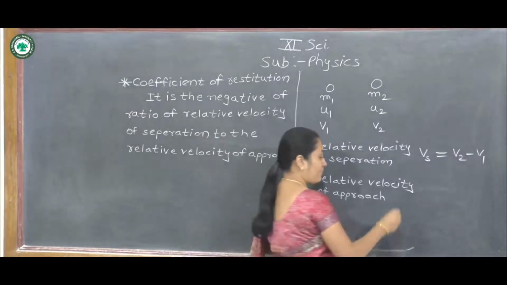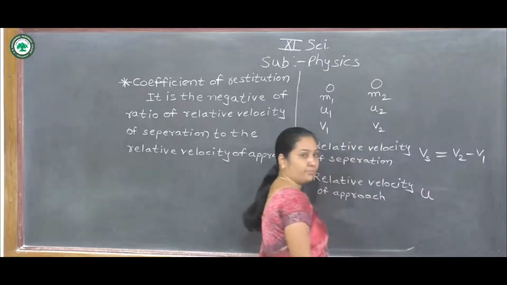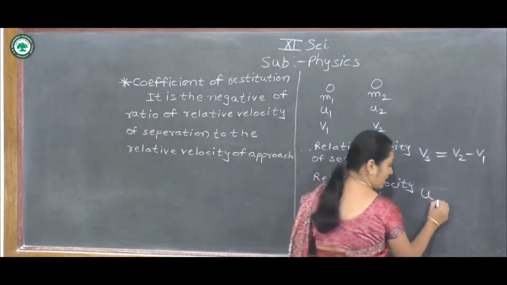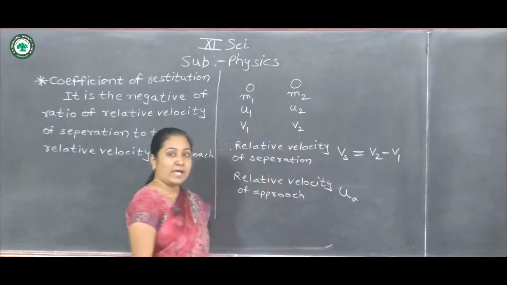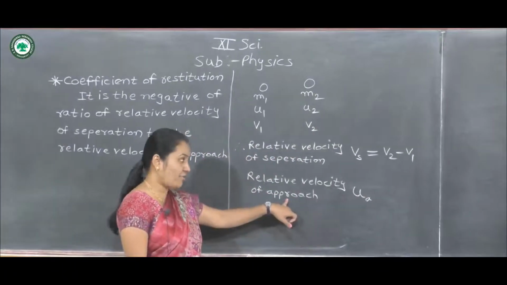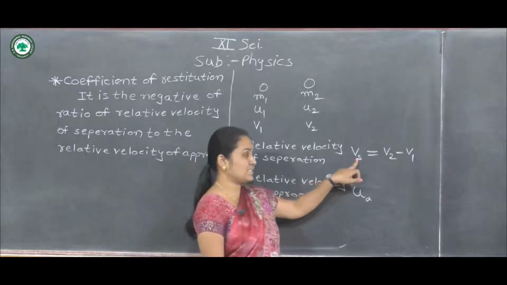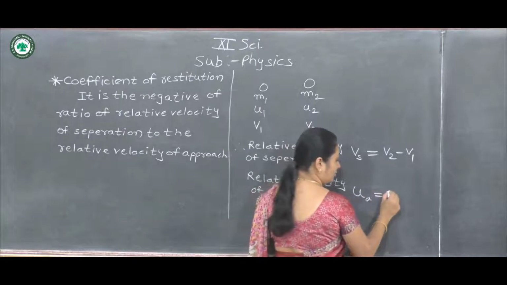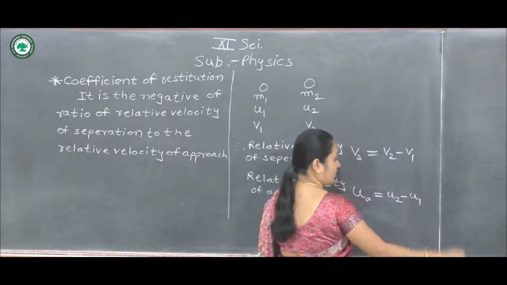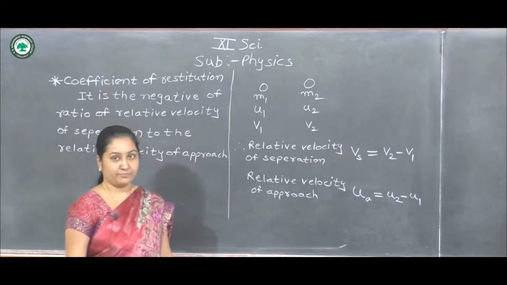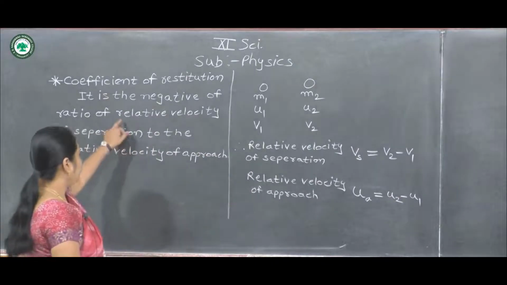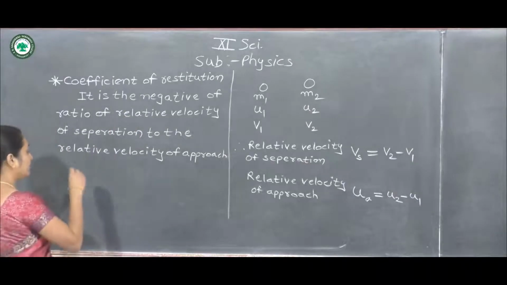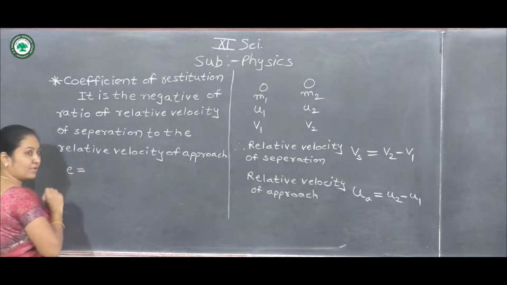So it is denoted by U and since it is approach, the suffix is A. So Ua is the relative velocity of approach, and it is equal to U2 minus U1.